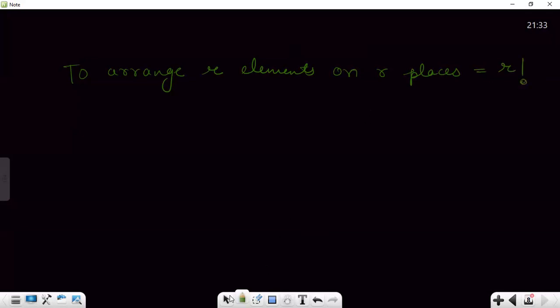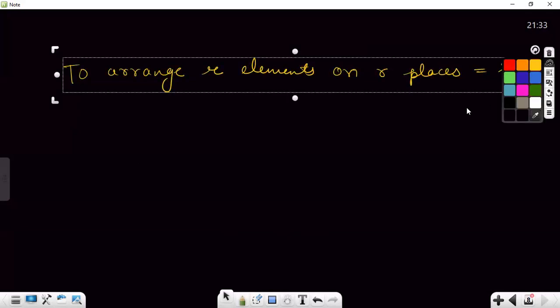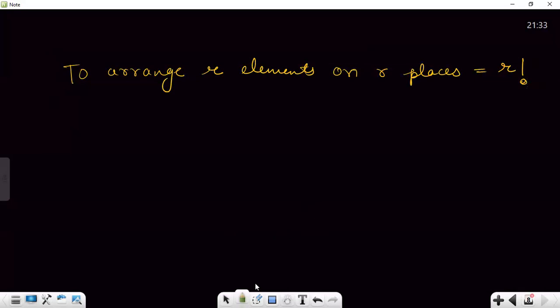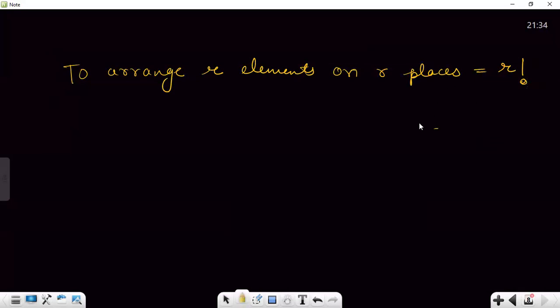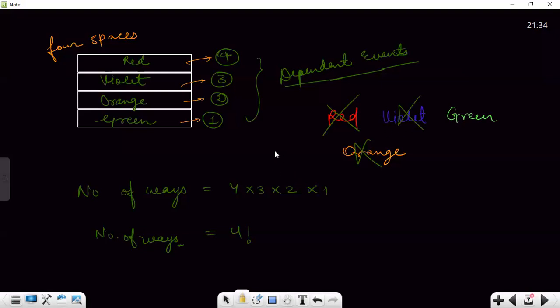Do you agree with this particular point? Yes, there will be r factorial total number of ways because of the discussion that we just had in the previous slide.